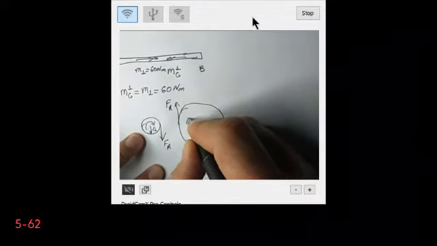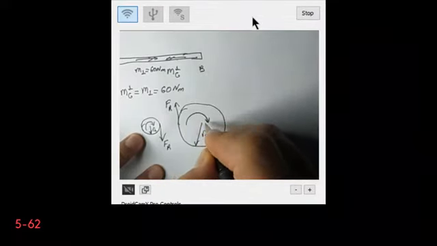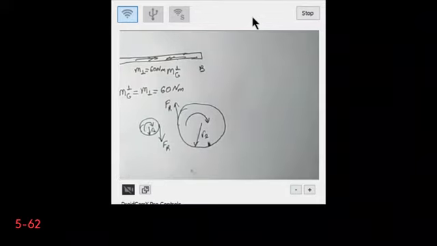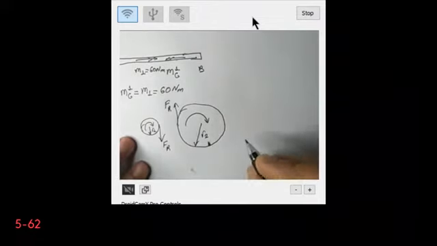This will generate a moment in this direction, so again, a clockwise direction. Now let's write the force.